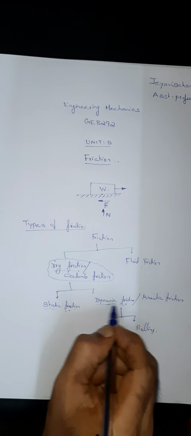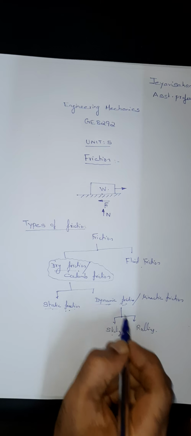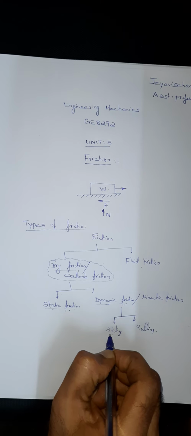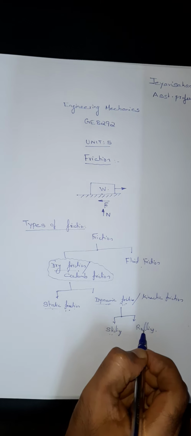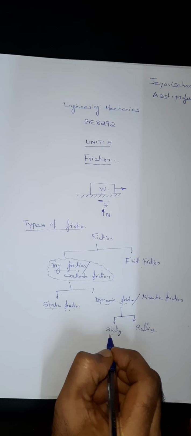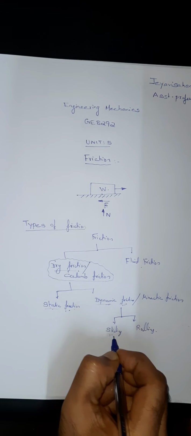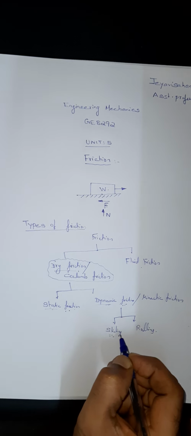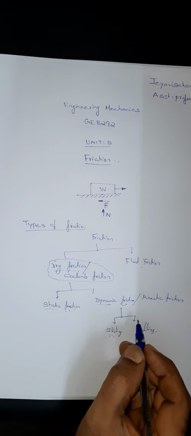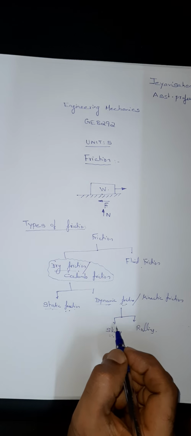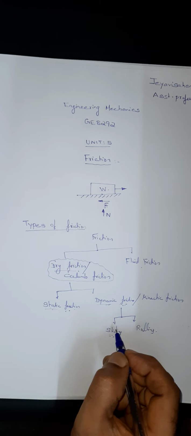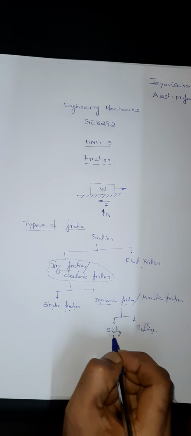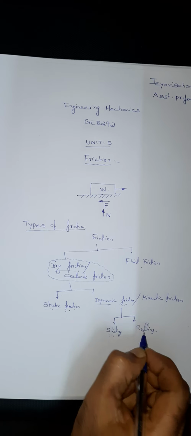Further, dynamic friction is classified into two. The first one is sliding friction, the other one is rolling friction. The definition of sliding friction is the friction experienced by a body when it slides over another body. Then what about rolling friction?